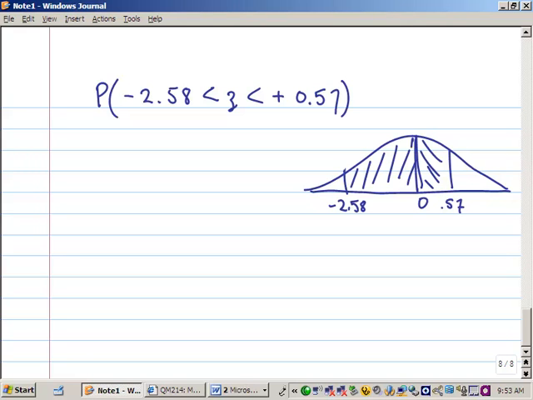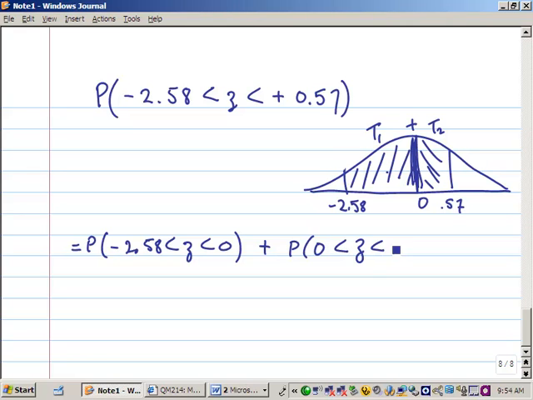So what we have is an area that goes from one side of the mean to another. So we're going to get this area from our tables, call it T1, this area from our tables T2, and of course since it crosses we're going to have to add those two areas together. So we go from negative 2.58 to 0, a value from the table, and then we add from 0 to positive 0.57, another value from the table.